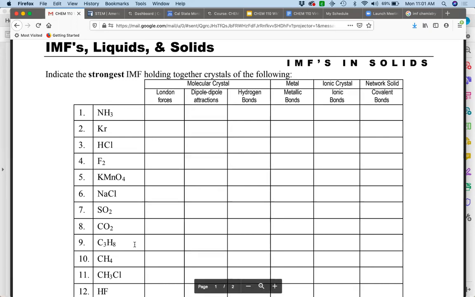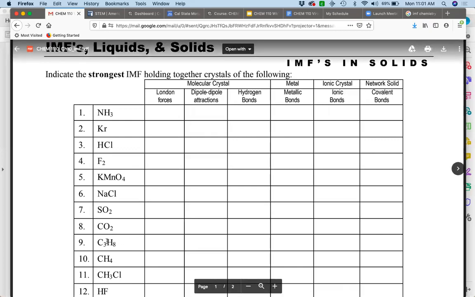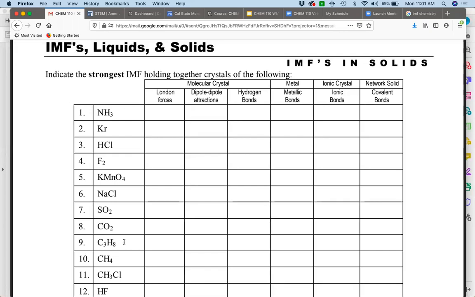What about propane? So this is a molecule that's made up of only carbons and hydrogens. So even though it has much more mass than some of the other molecules we've been looking at, what do you think? What do you think is most likely for propane?